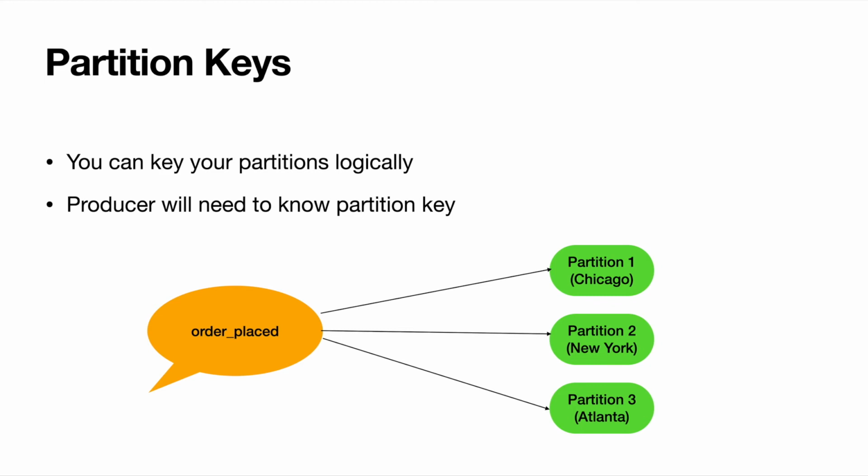This way, every time an order comes from one of those cities, it goes to a different partition. But if you split the partitions like this, your Kafka producer that's publishing the data will need to know which partition to write to. So it needs to know the location and then write to the appropriate partition.